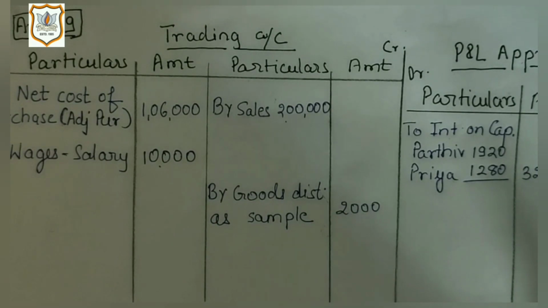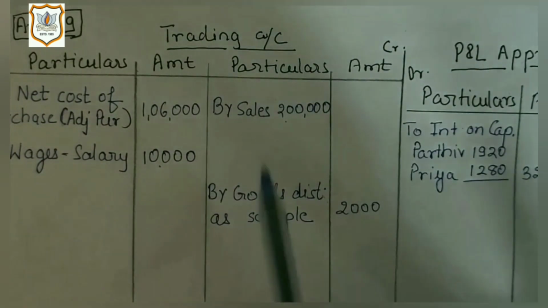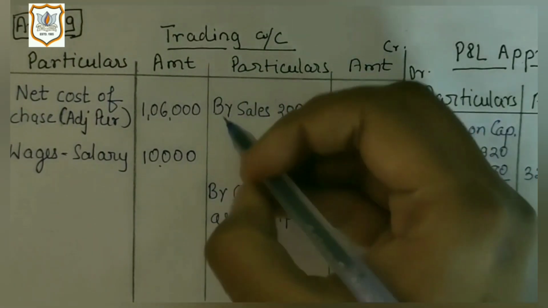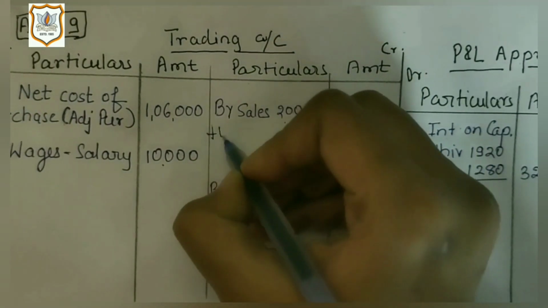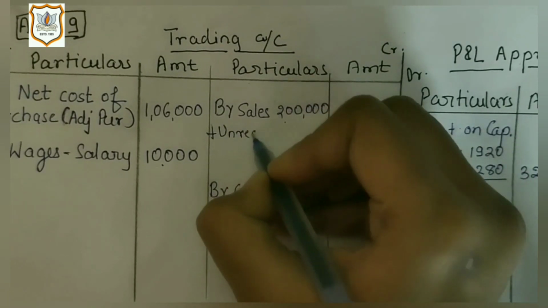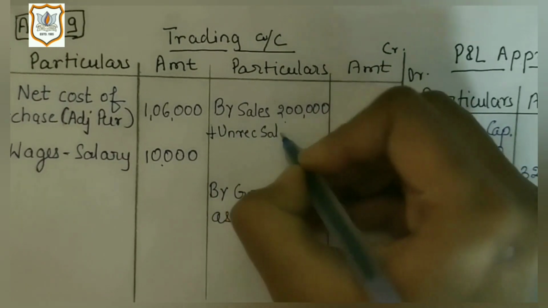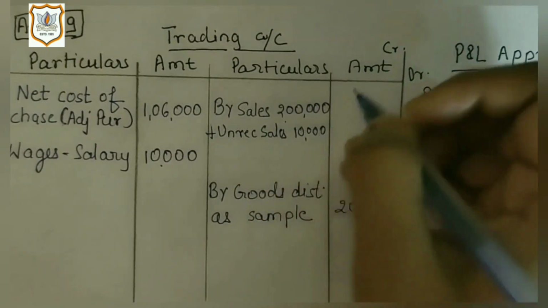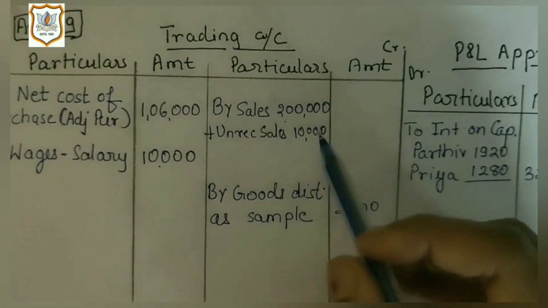Now next adjustment is credit sales of rupees 10,000 not recorded. Now it will have two effects. First one will be on credit side of trading account, where we will add it to sales plus unrecorded sales, 10,000. I am writing it in inner column because still it has one more adjustment.